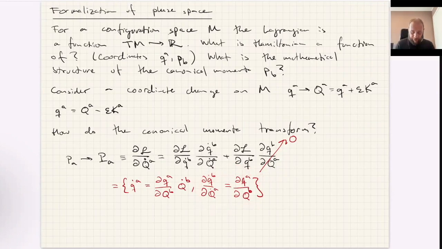As long as you have this kind of transformation where the q's don't depend on the derivatives but only on the q's themselves, you end up with this expression where you just remove the dots on the right hand side.